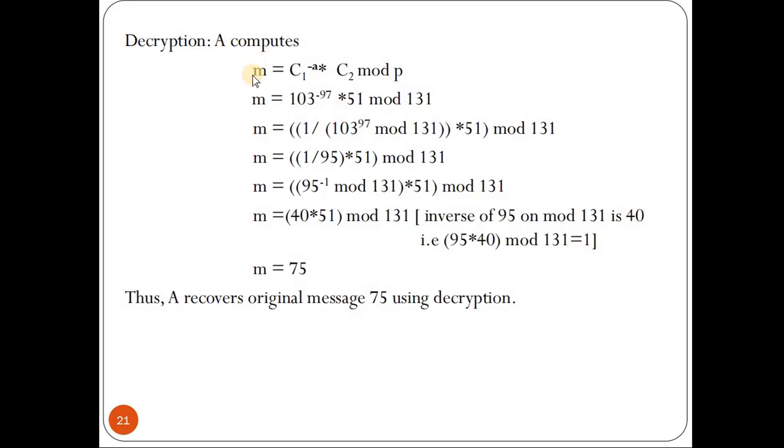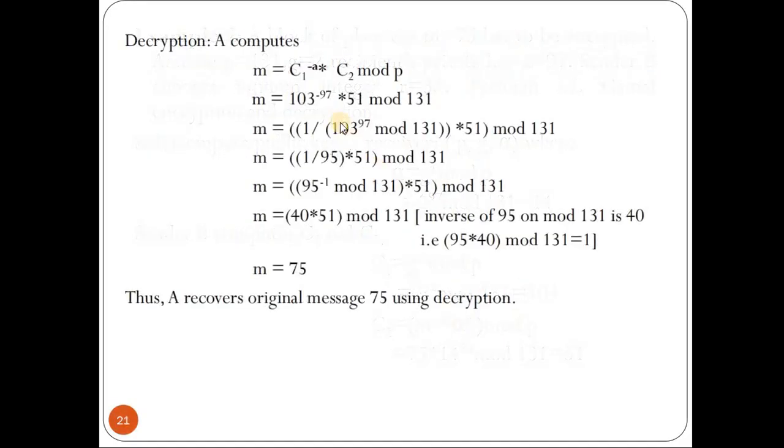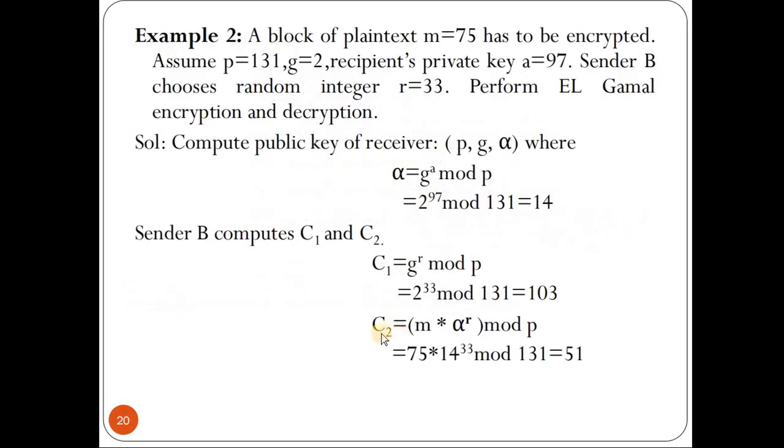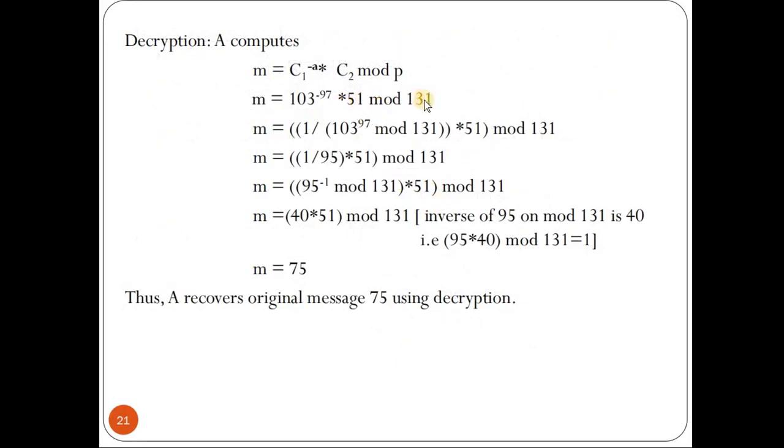The decryption is given by M, the original message, equal to C1 to the power minus A into C2 mod P. C1 is 103, so it is 103 to the power 97, A's private key, into C2, which is 51, mod 131.